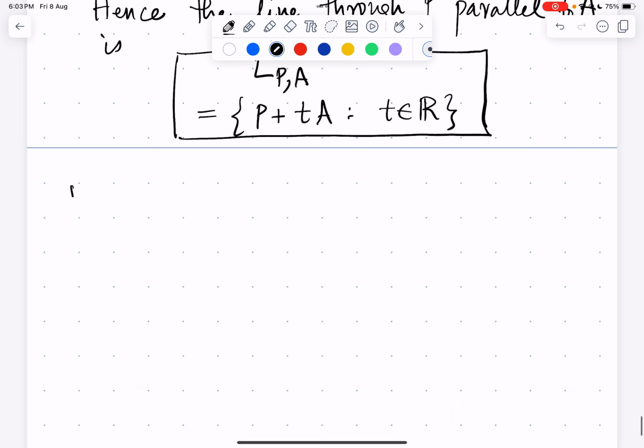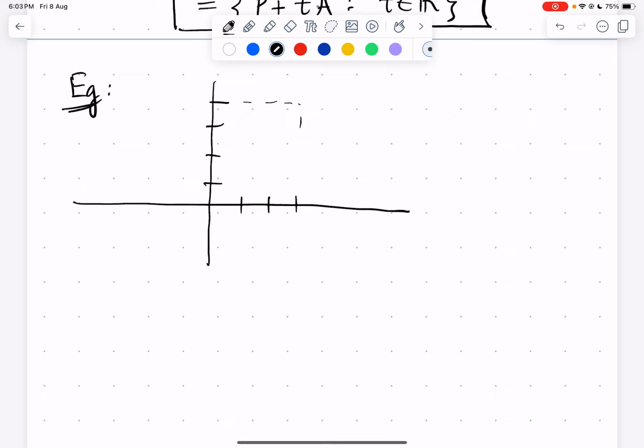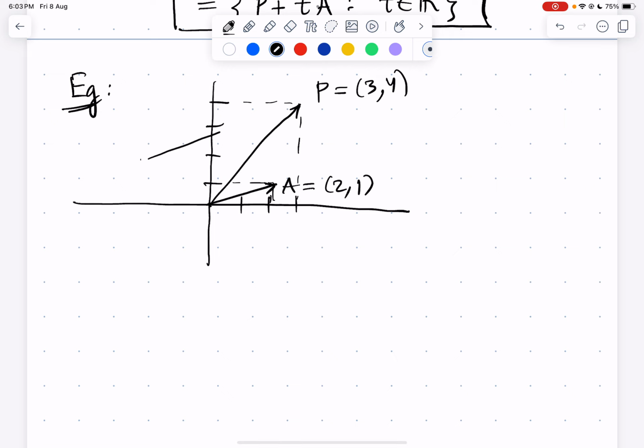So we'll look at an example. So consider this point 3, 4 and consider this vector A, 2, 1. So the line through P parallel to A is this line.